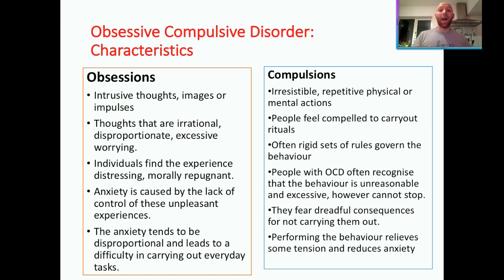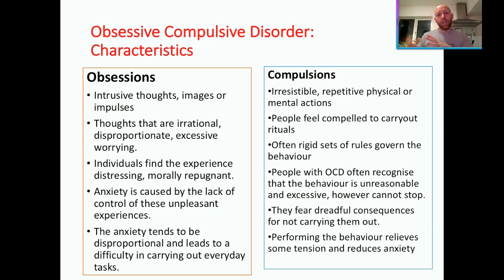The people feel compelled, like they don't have a choice. There's often a set of rigid rules, and breaching these rules often means you have to go back to square one. People with OCD are often well aware that they have the disorder, and they don't like it. They don't want it, but they can't control it.